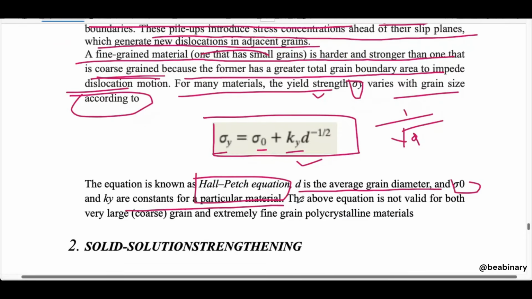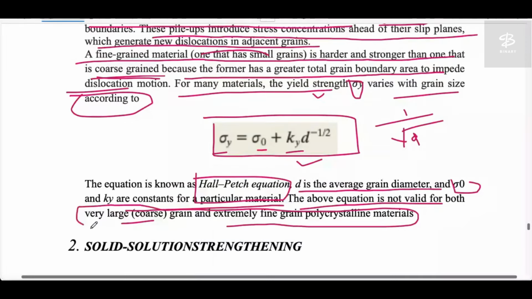The above equation is not valid for very large grains and extremely fine grain crystals. It means if the grain is of medium size, then you can apply this equation to get an idea of the yield strength on the basis of grain diameter.